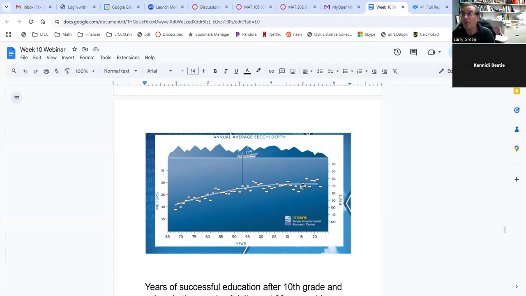Okay. Weather. Turns out weather has a lot to do with clarity also. If you get a whole lot of rain, clarity gets worse because mud goes into the lake. Do you see that? So it turns out that people are not the only reason why clarity can go up and down. Weather is also a reason. Does that make sense?